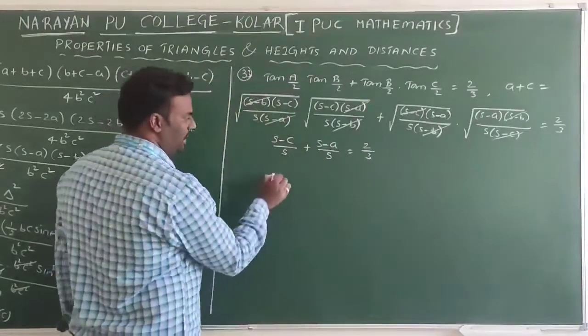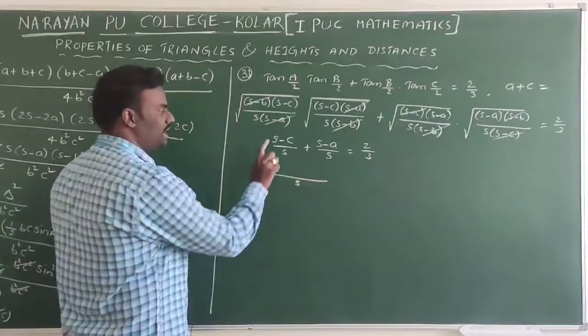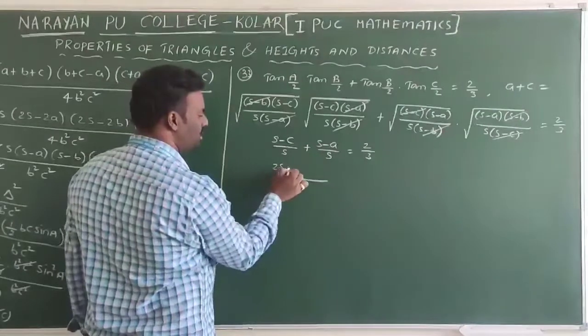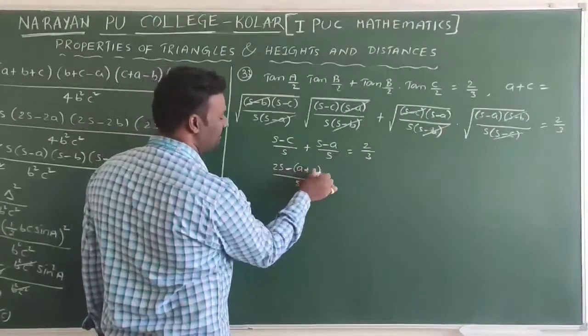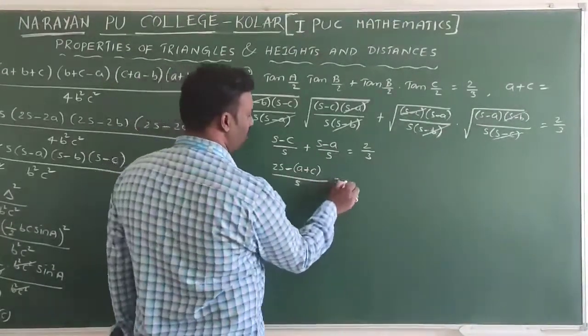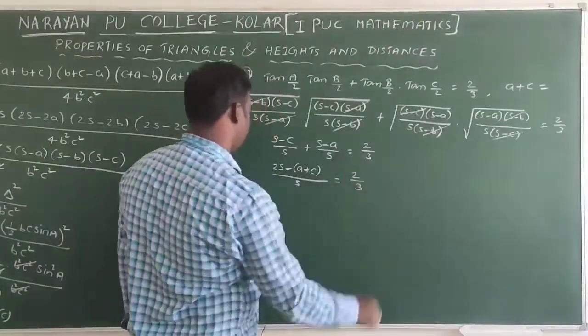If you take LCM, S is the LCM, S plus S minus A plus C, that equals 2 by 3.